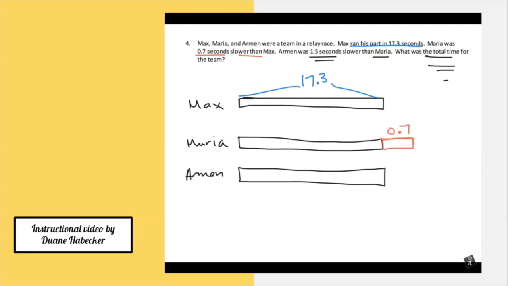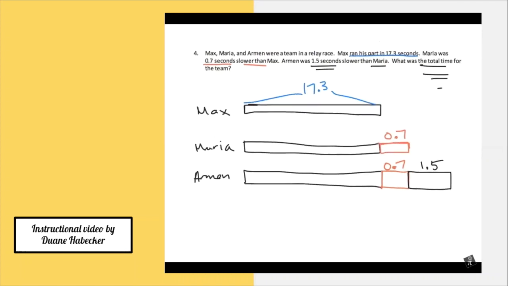And then Armin was 1.5 seconds slower than Maria. So Armin has to add not only the 0.7, but also an additional 1.5 seconds. So now the question is, what is the total time?